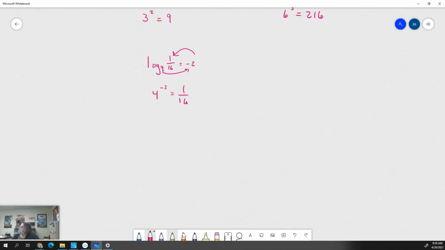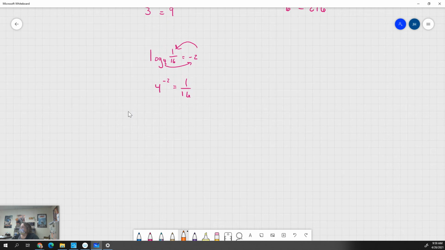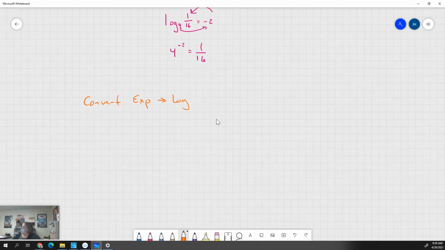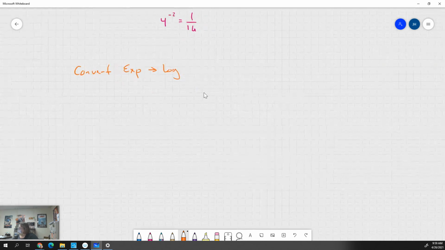When we go to convert in the other direction, so we were converting log to exponent, now we're going to convert exponent to log. First, last, middle, still in play.